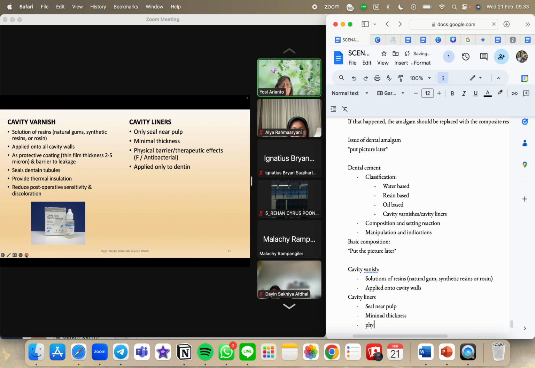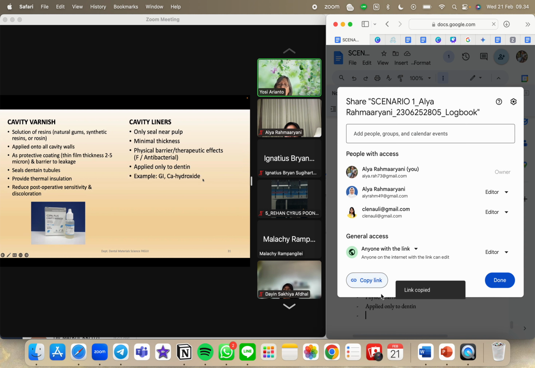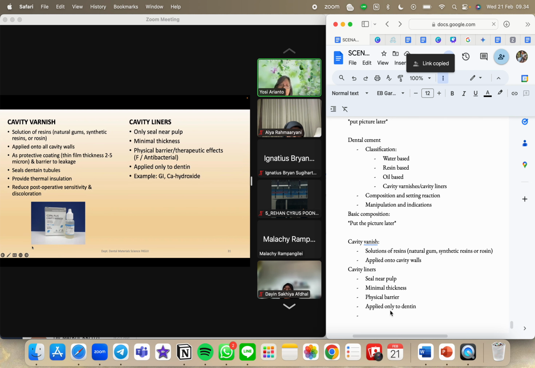We apply them only to dentin because, you know, there are the dentin tubules that will cause sensitivity. So we do this barrier so that it reduces the post-operative sensitivity. Glass ionomer or calcium hydroxide.